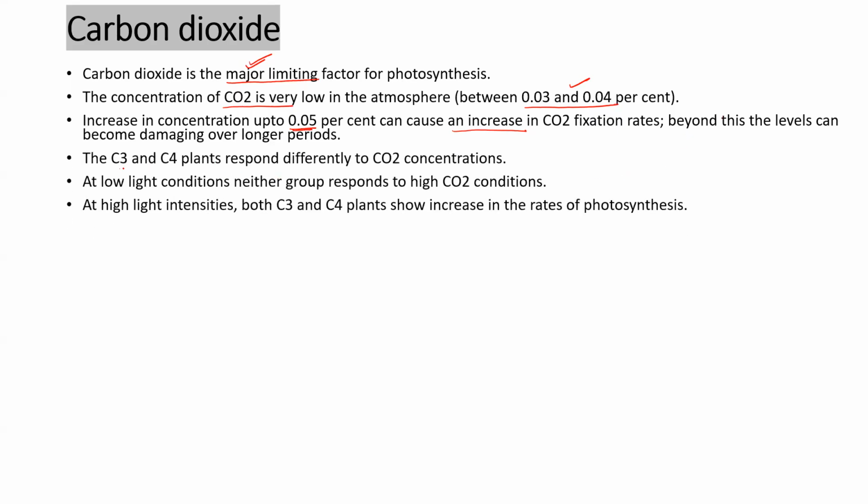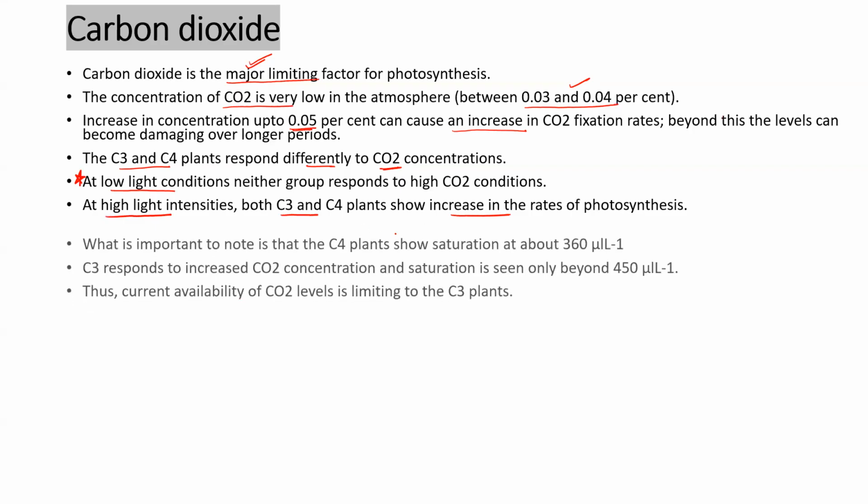Both C3 and C4 respond differently to carbon dioxide. At low light intensity, neither is responding to high carbon dioxide. Please understand carefully. But at high light intensity, both will show an increase in the rate of photosynthesis.